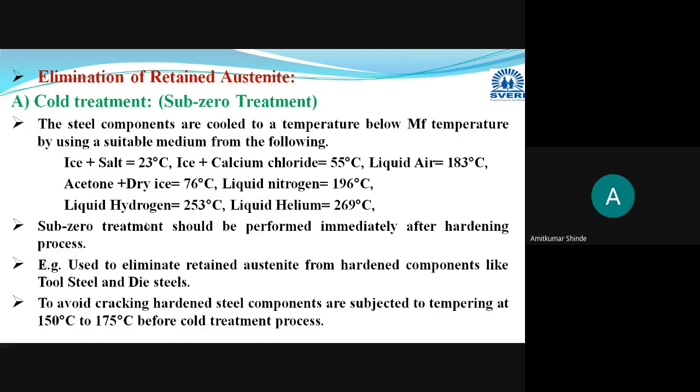I will wait for 1 minute here. Please note down these temperatures which are provided with the help of different mediums. We will be able to get different temperature zones. After completing, please mention in the chat box that you have completed, and if you have any query, you can mention that in the chat box. I will try to clear it.